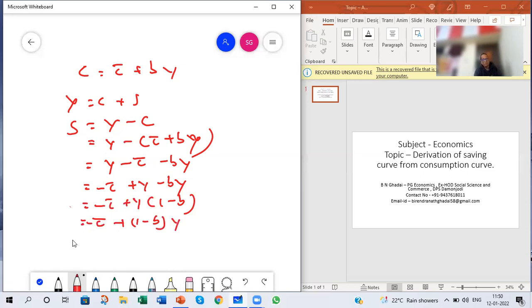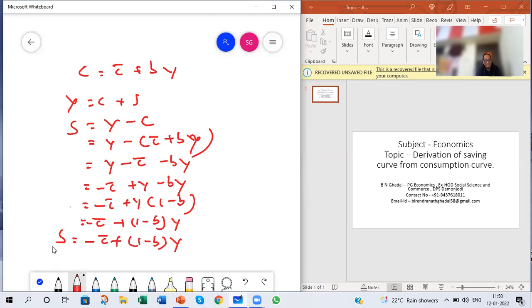This is the saving function. That means once again we can write the saving function is equal to minus C bar plus (1 minus b)Y. That is what the saving function is, derived from the consumption function or equation.